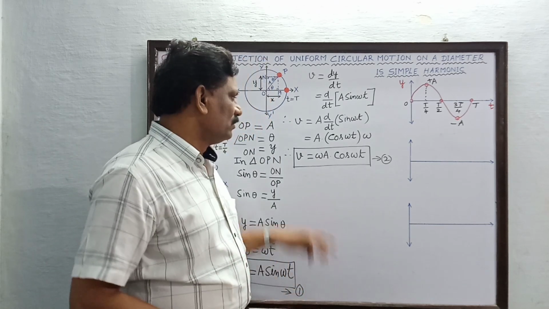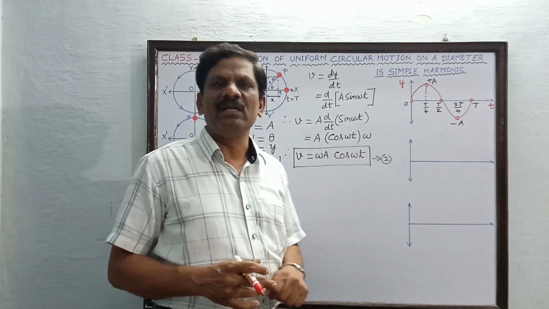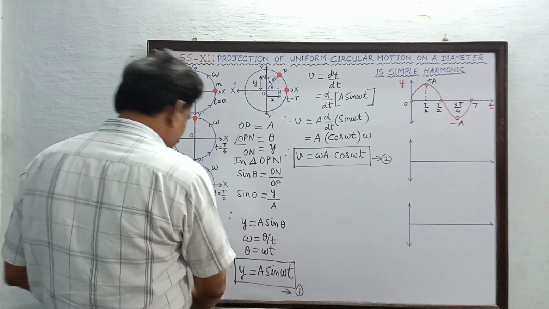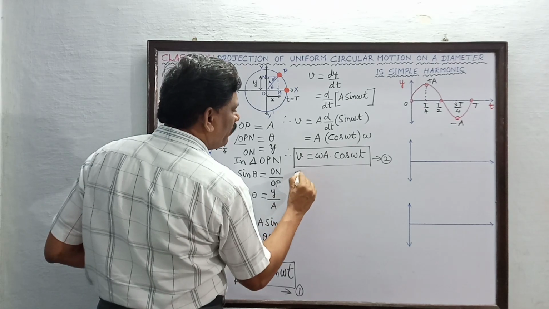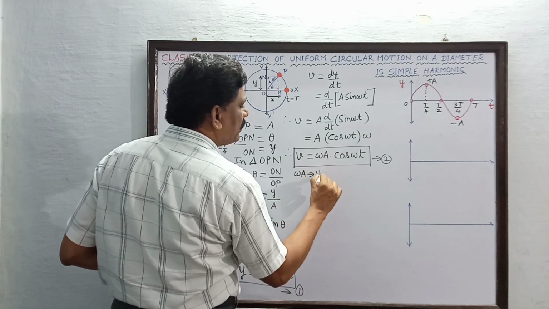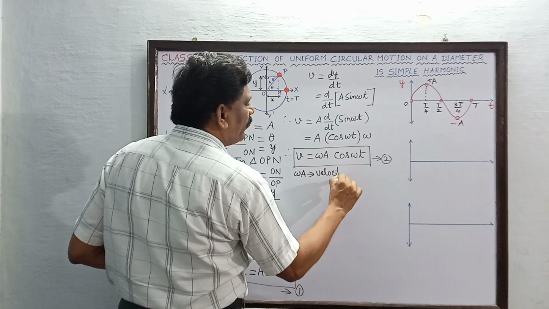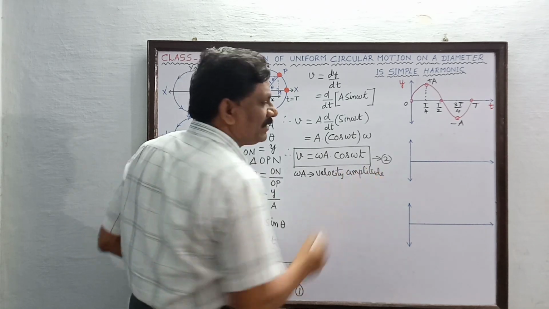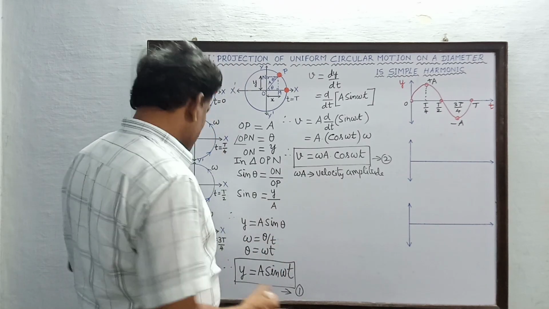Omega a is called the velocity amplitude.